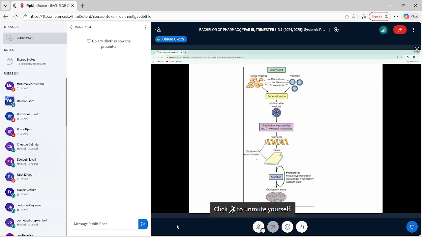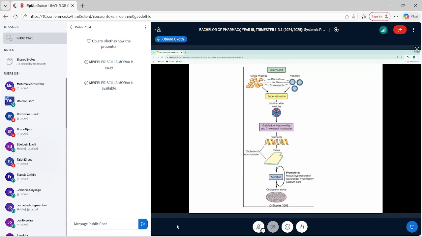Let me show you this one first. So you have a biliary lipid here. You have mixed micelles with bile salts, you have lecithin, you have cholesterol. And then you have a supersaturation. Once you have supersaturation, you have multilamellar vesicles, small vesicles of cholesterol now form.